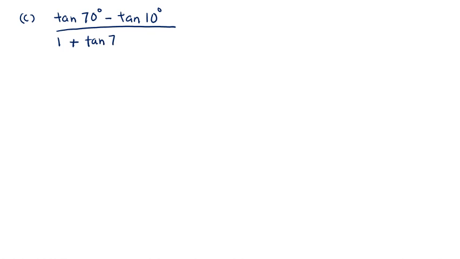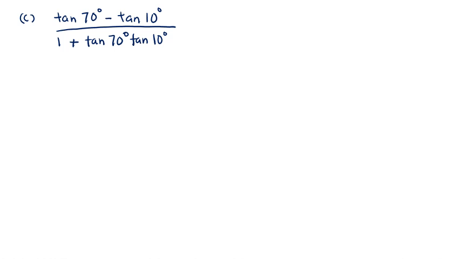Okay, for C, teacher will rewrite back. C is tangent 70 minus tangent 10 degree over 1 plus tangent 70 tangent 10 degree. So if you get a question like this with tangent, you need to refer to the formula of tangent.